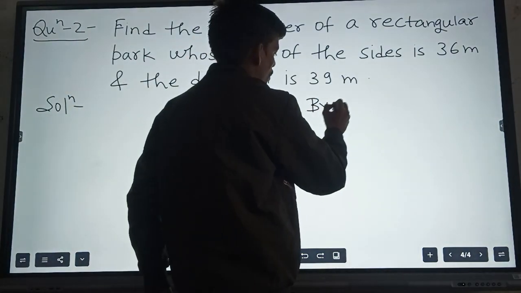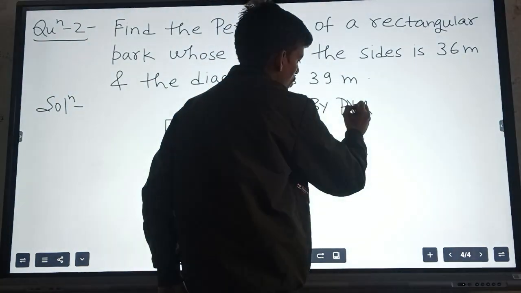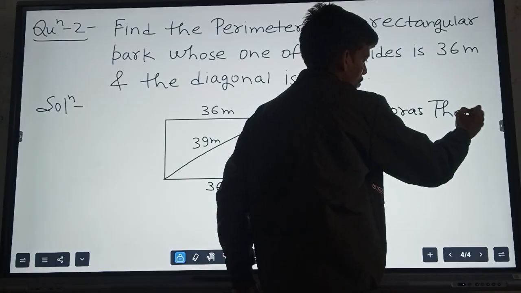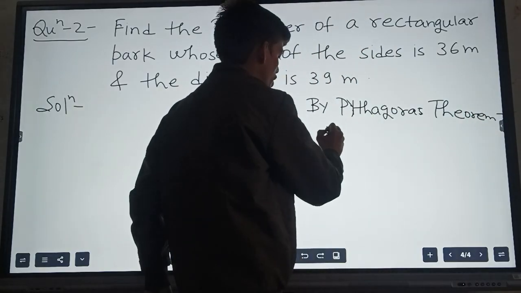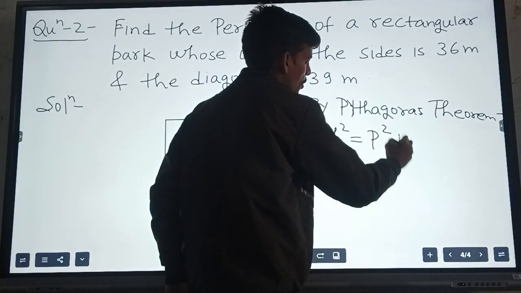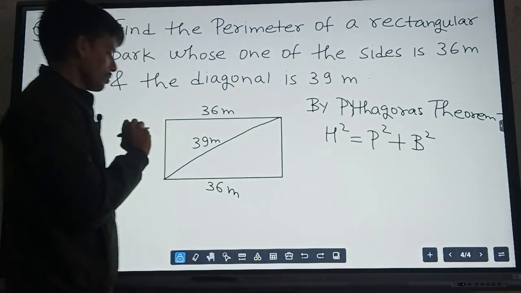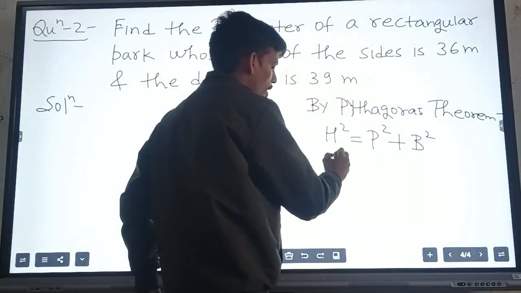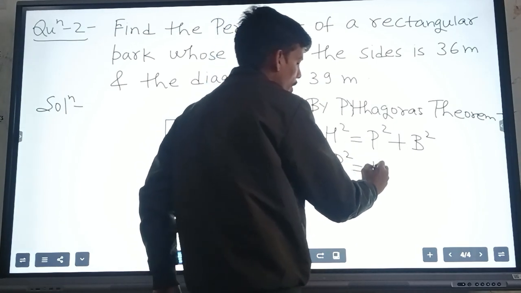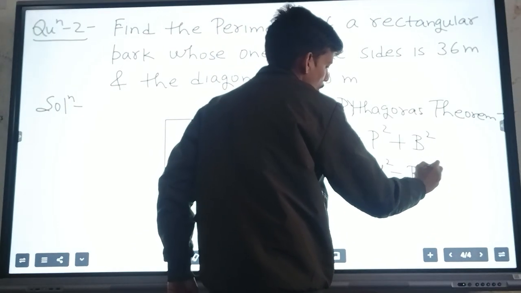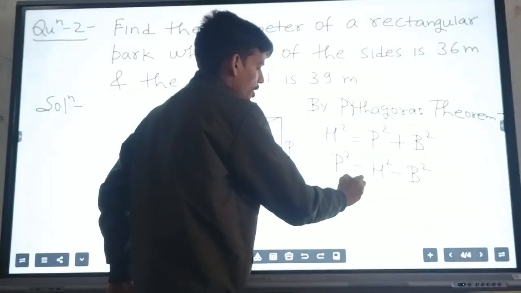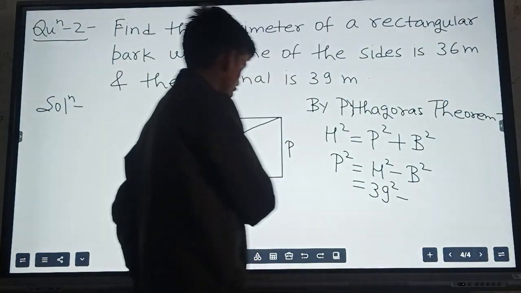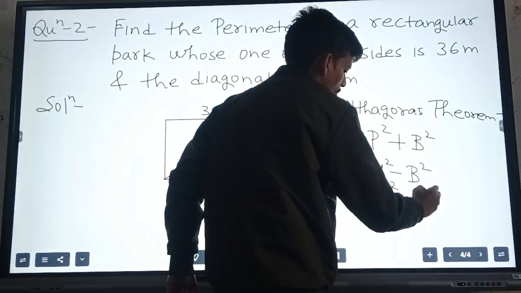By Pythagoras theorem, hypotenuse square equal to perpendicular square plus base square, so perpendicular square equal to hypotenuse square minus base square. So it is 39 square minus 36 square.